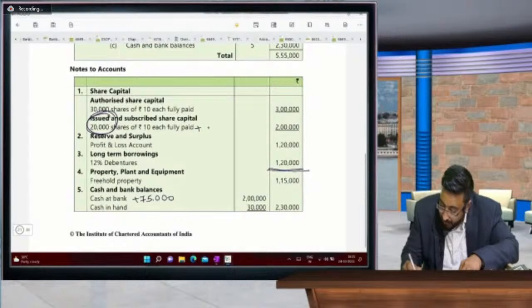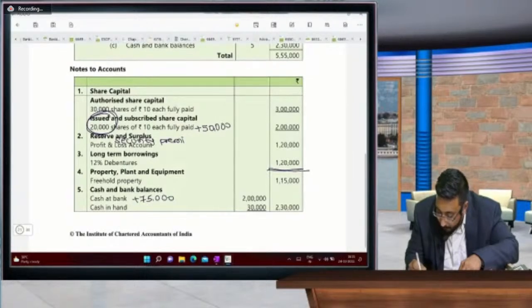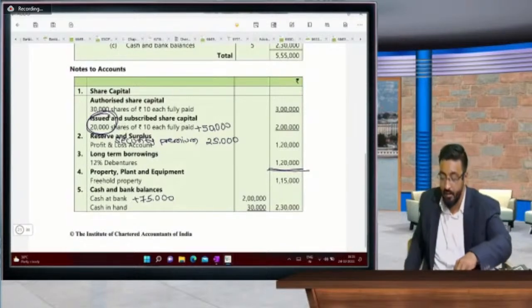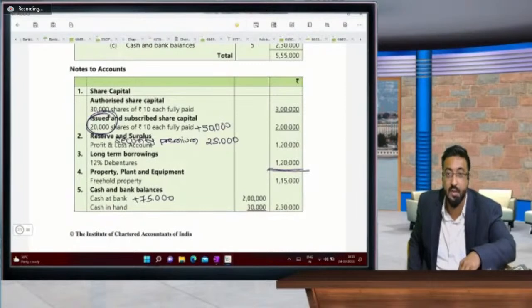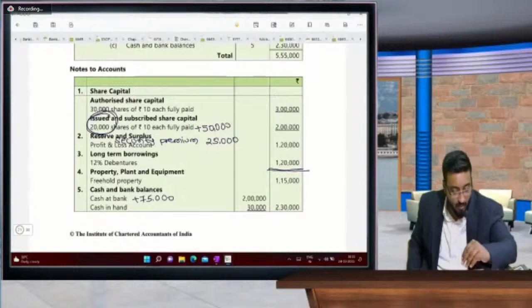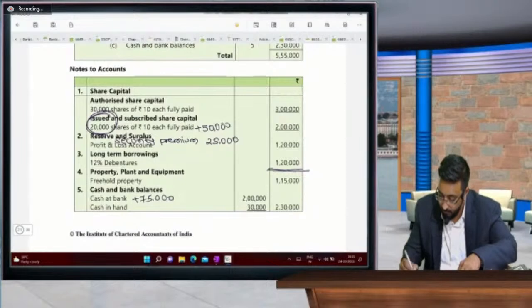Equity share capital, you can add 50,000, and securities premium, a new item, 25,000 under the head reserves and surplus. So now update your balance sheet. Over, sir.